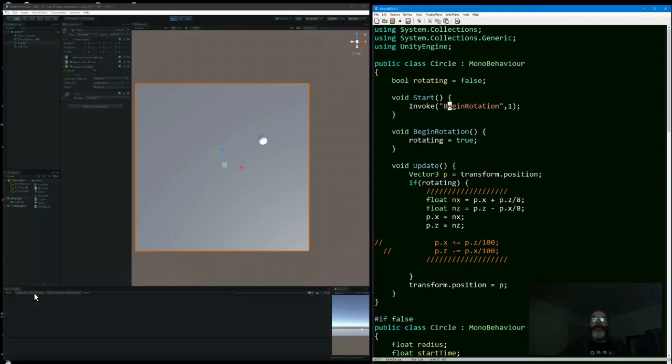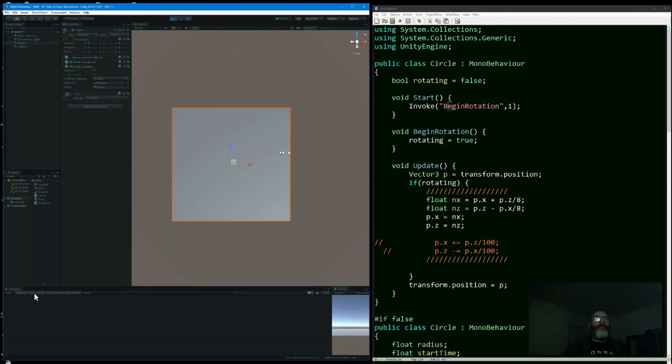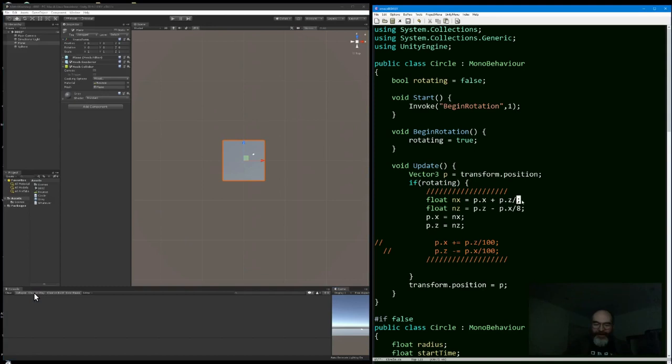Oh, maybe I need to actually save it. So let's save it. Oh, we've got a problem here. Okay, that came out really fast. It's spiraling, and the reason it's spiraling is because, yes, it's an approximation.